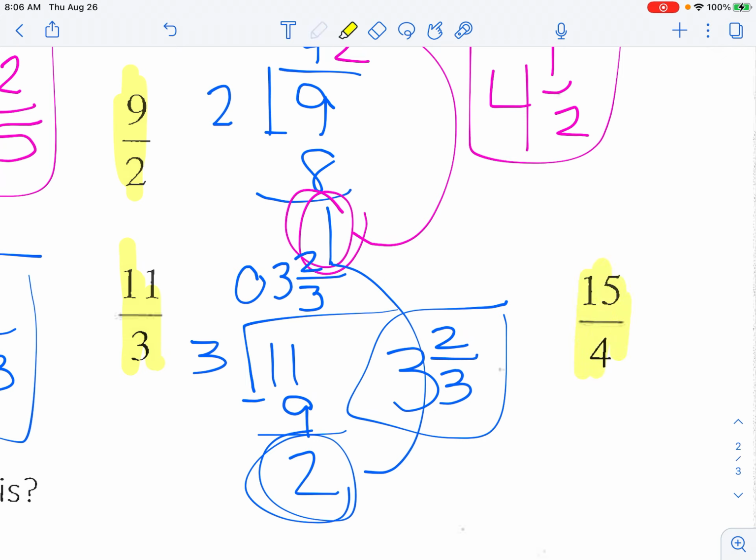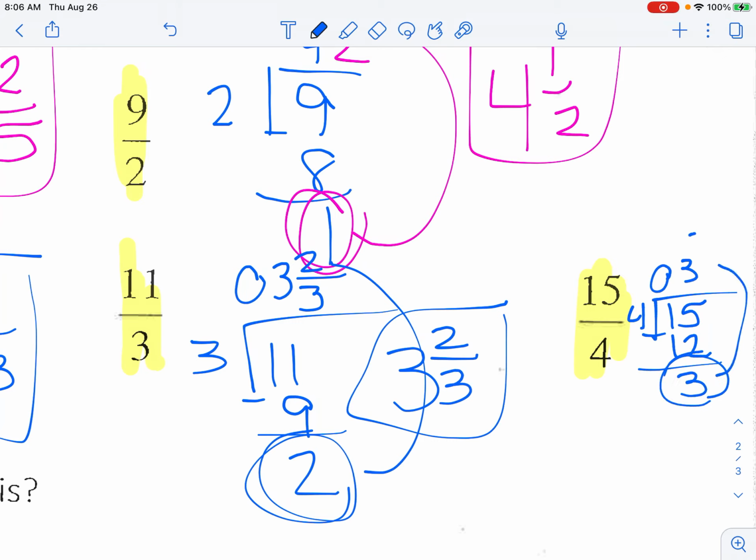Looking at 15/4. 15 divided by 4. So 4 times 3 is 12. Subtract and get 3 left over. This remainder becomes the numerator in your fraction, and the denominator is going to stay a 4. So that's 3 3/4.